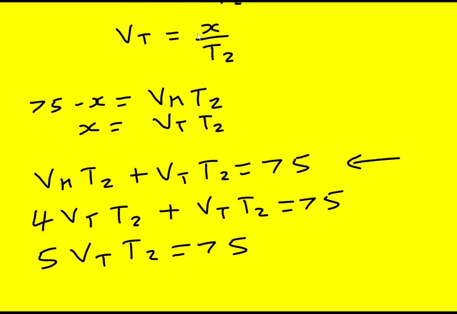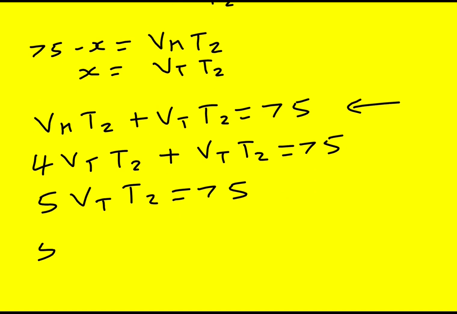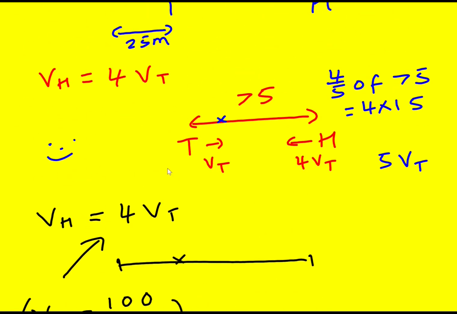And now I can bring back in the fact that VT is actually X over T2. And what this turns out to be is just a much more complicated way of getting to what we got over here, the fact that the tortoise has gone 1/5 of the distance in the time that it takes the hare and the tortoise to meet.